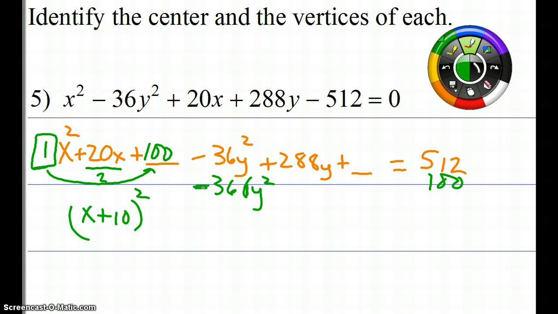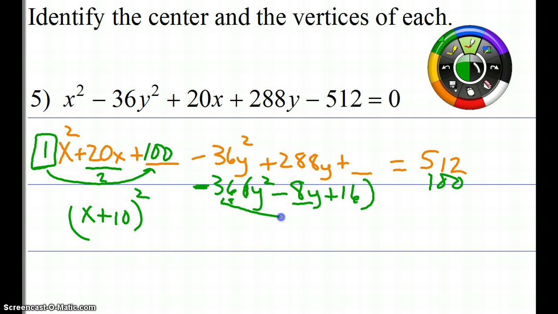So when we figure out this new middle term, we have to say 288 divided by a negative 36 is what? So let's do that for a second. What would we get? 8. So notice that negative 36 goes into positive 288 a negative 8 times, so that's going to be a negative 8. Now let's take half of 8 as 4, square it, we get a 16.